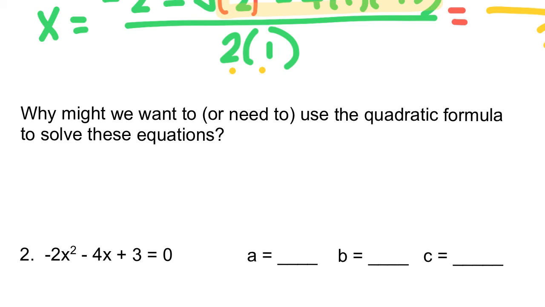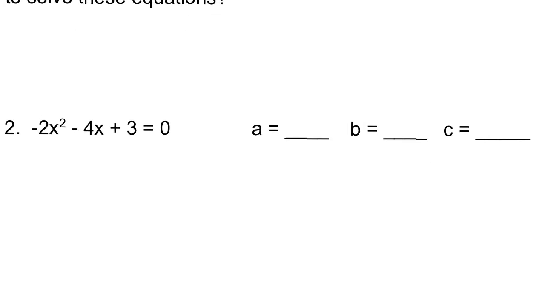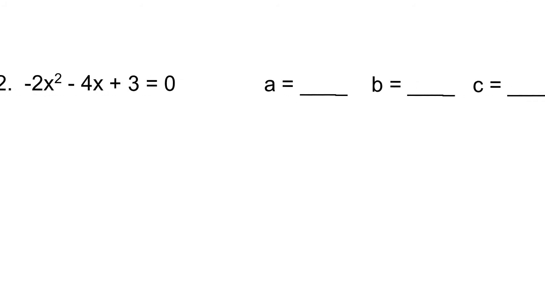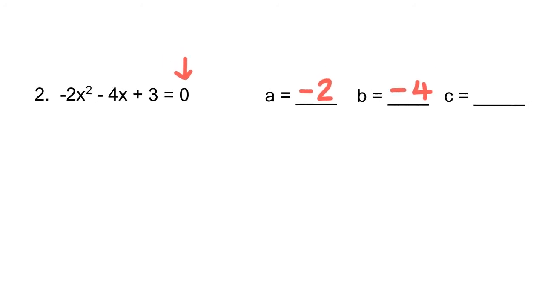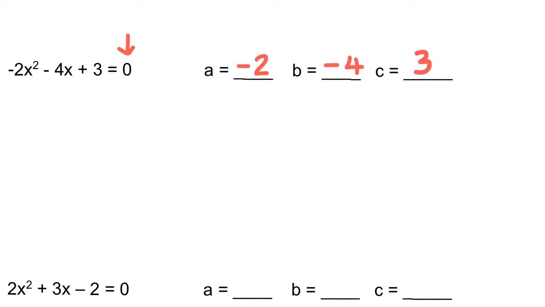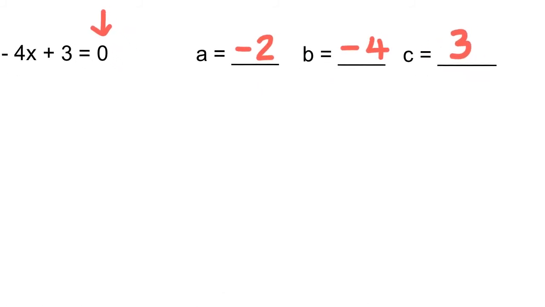Let's try another. In number 2, it's already isolated with 0. So we'll substitute a is negative 2, b is negative 4, and c is 3. So now we'll use the quadratic formula. x is equal to the opposite of b.